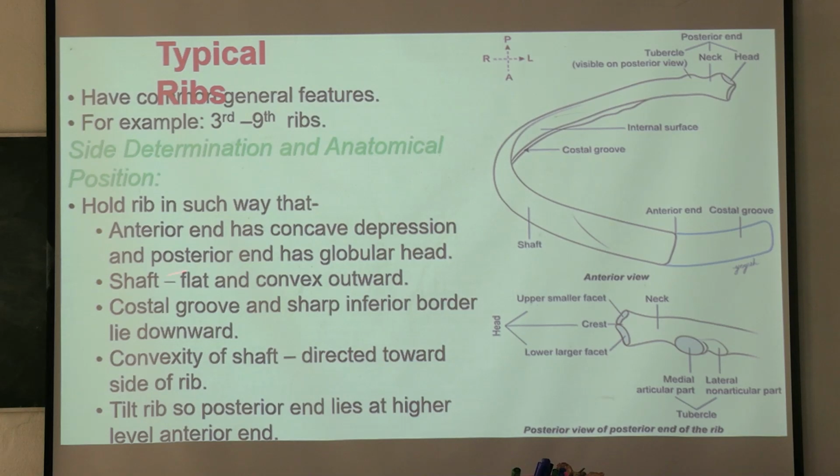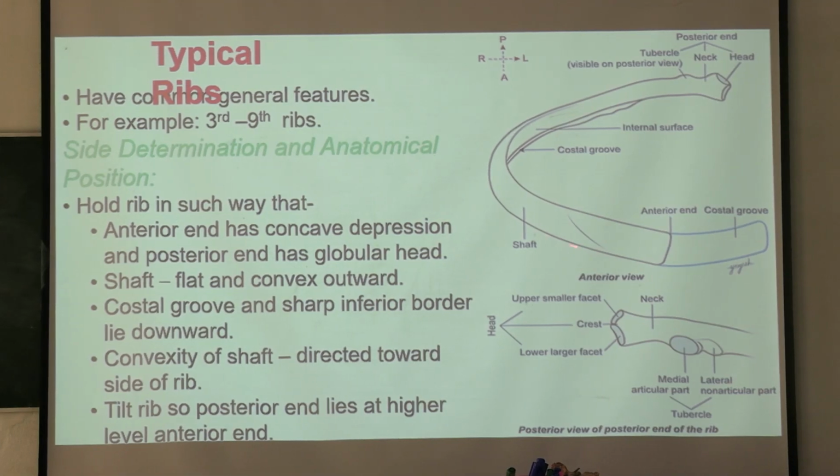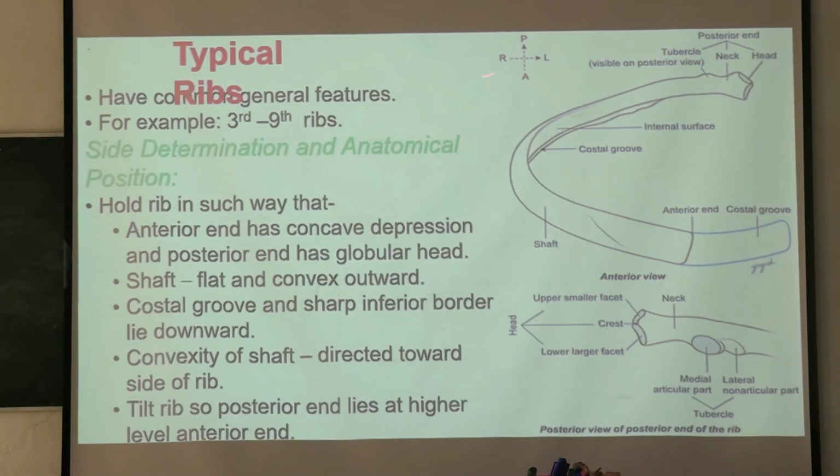Okay, so the shaft is flat and convex outward. This is the shaft. The costal groove and sharp inferior border lie downward. Here is the costal groove and the sharp border is lying inferiorly. The convexity of the shaft is directed towards the side of the rib. So this convexity is directed to this side, that is the right side.